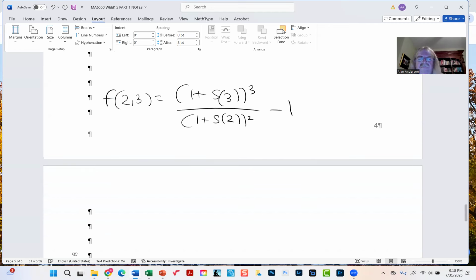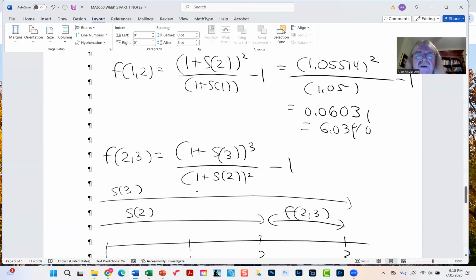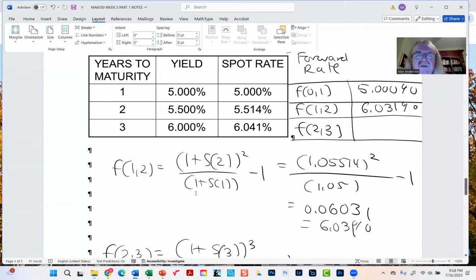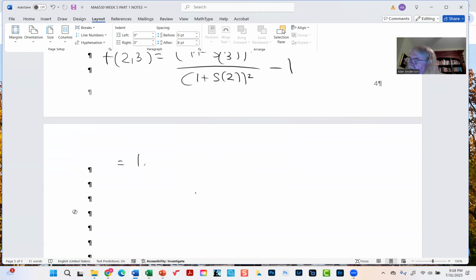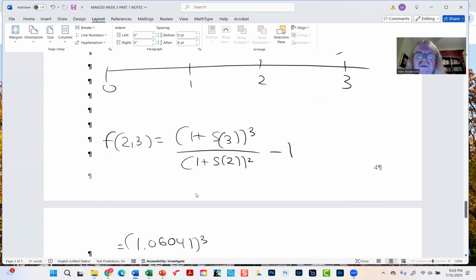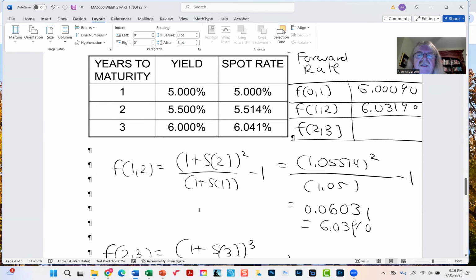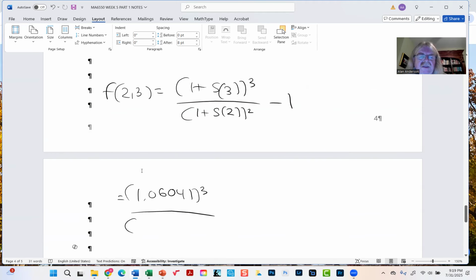we'll get, so S3 is from the other day, 6.041, and S2 is 5.514.